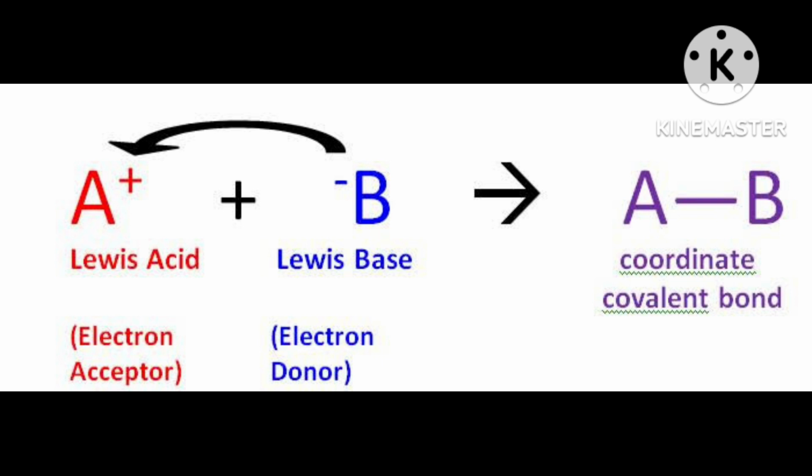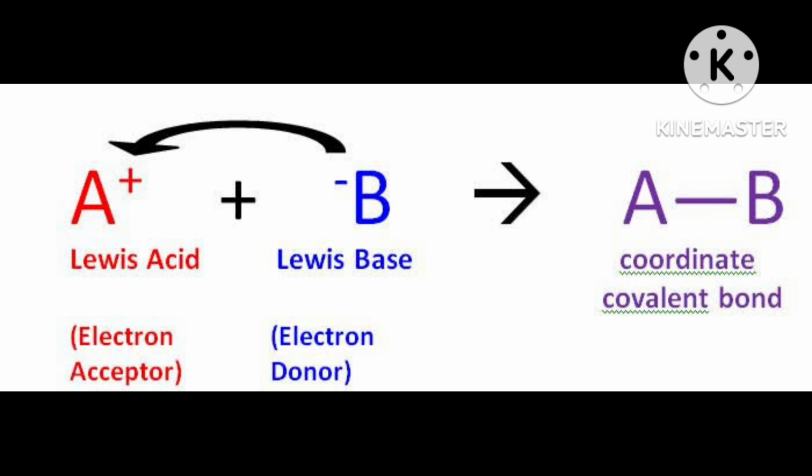Three bases they have given: NH2 1 minus, second NH3, and third HCOO minus. They are asking to write the conjugate acids.